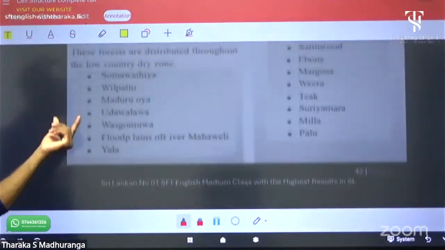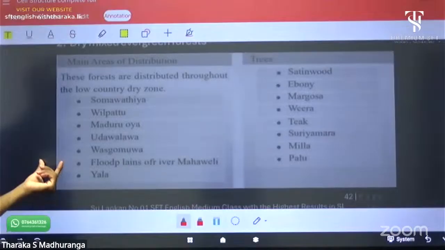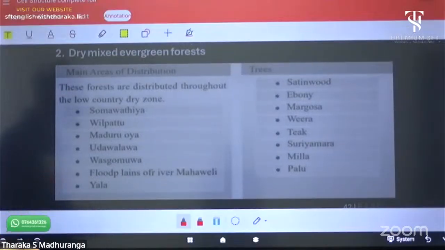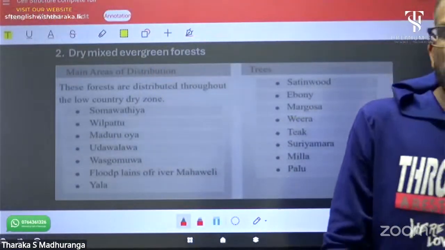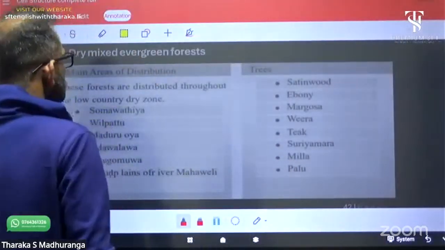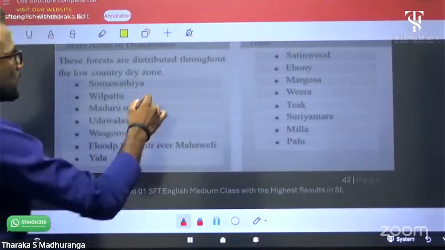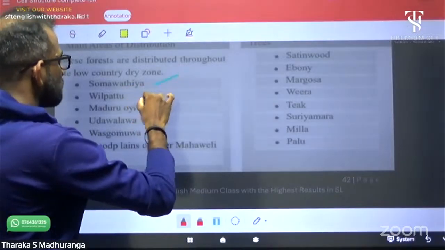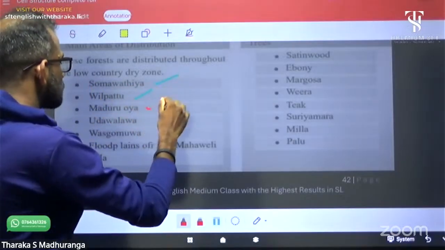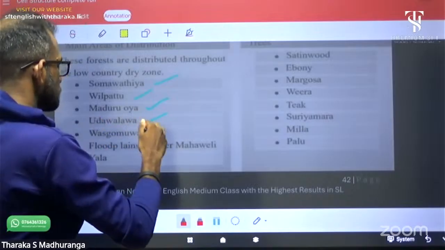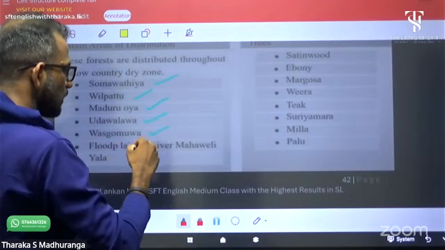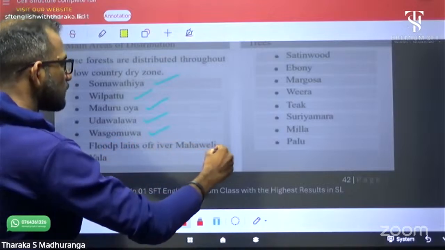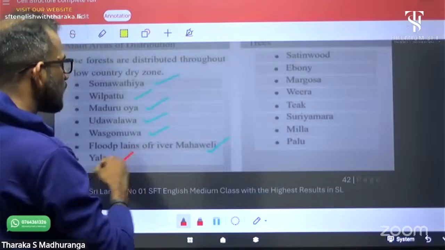That's about tropical wet evergreen forest. Let's move on to dry mixed evergreen forest. Examples are Somawathiya, Wilpattu, Maduruoya, Udawalawe, Wasgamuwa, the Mahaweli areas and Yala.